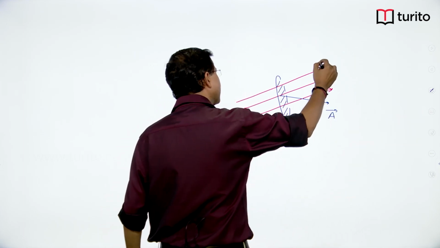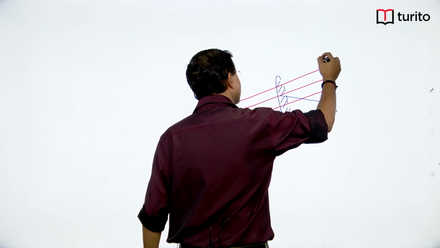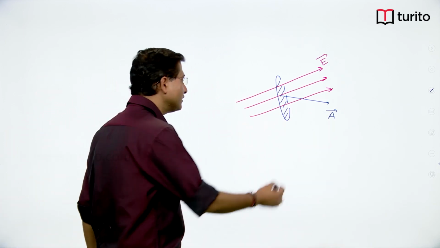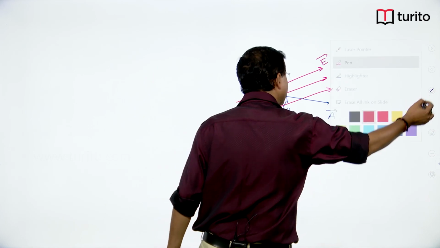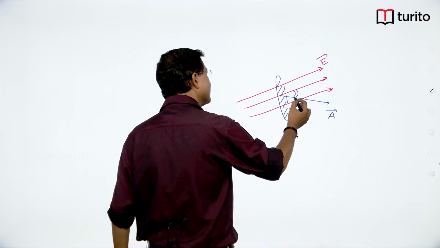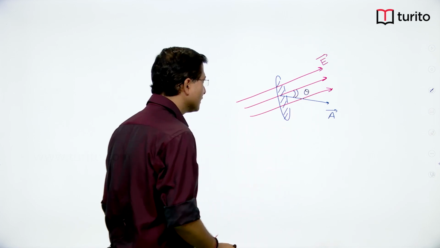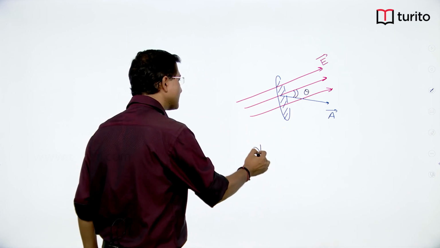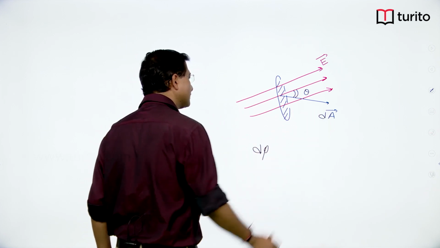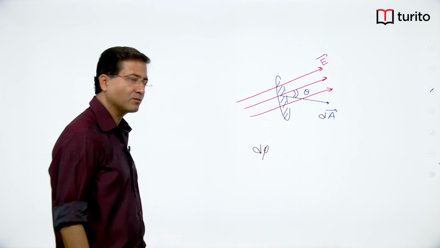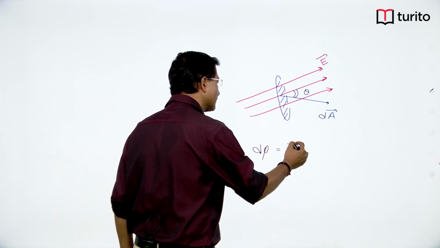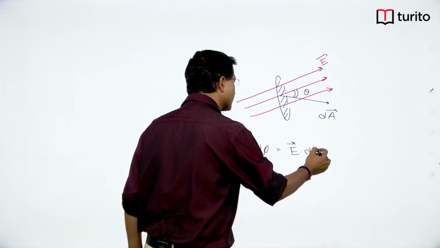For this surface, say this is the direction of the electric field in space. If the angle between the area vector and electric field is theta, then the flux passing through this small element, assume that this is dA, is given by E vector dot dA vector.